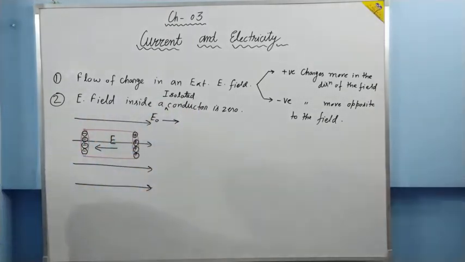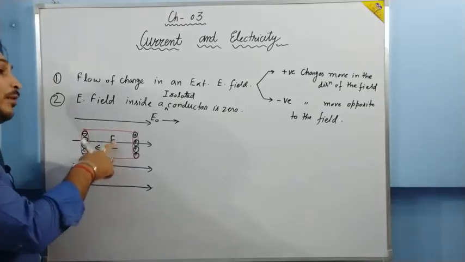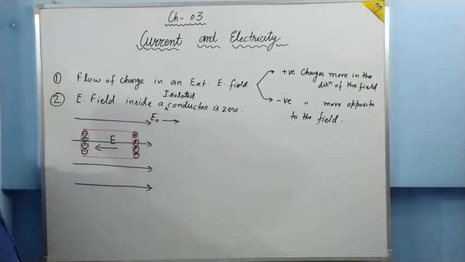Now you need to understand what happens. The accumulation and movement of electrons will continue until this E becomes equal to E0.